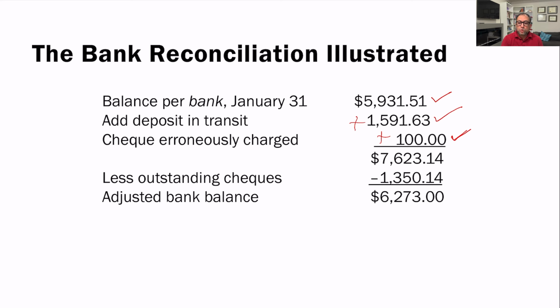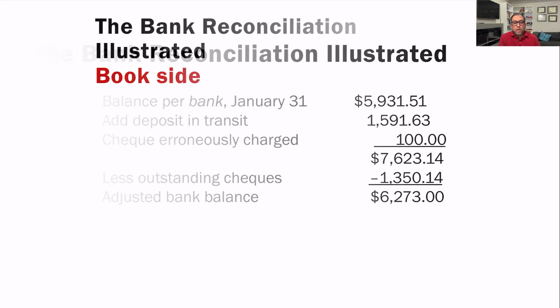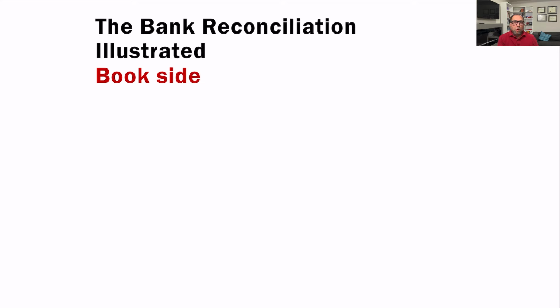Outstanding checks. So we subtract the outstanding checks. This way, the balance appearing here as 6,273 is the correct balance. And it still differs from the bank statement, right? Yes.